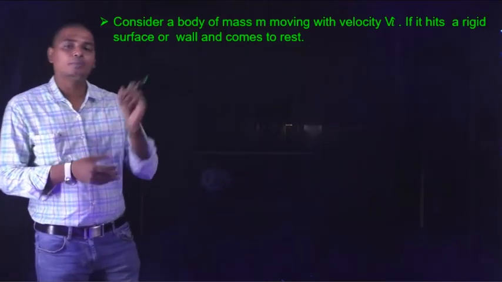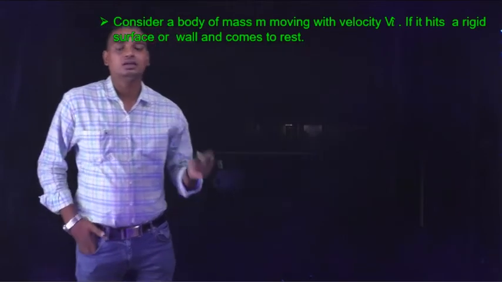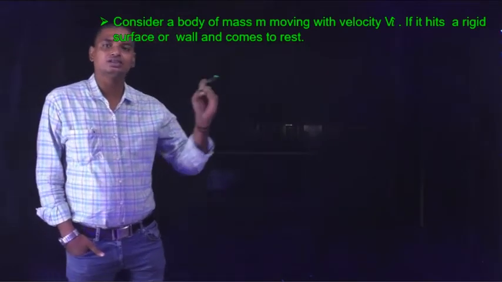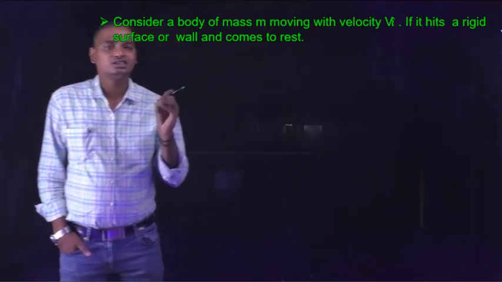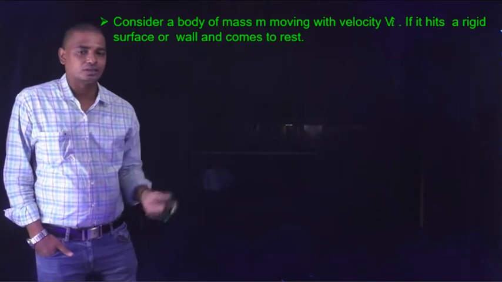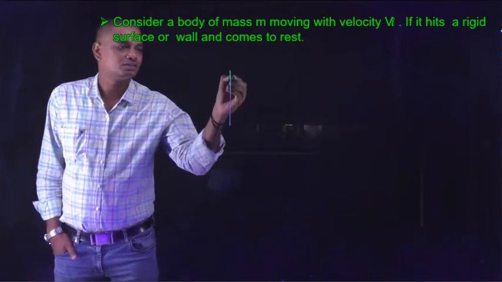Consider a body of mass m moving with a velocity v i cap, that is, the direction of the velocity is in the direction of the positive x-axis, and it hits a rigid surface or a wall and comes to rest. Let us draw the diagram. Let us consider this as a wall.